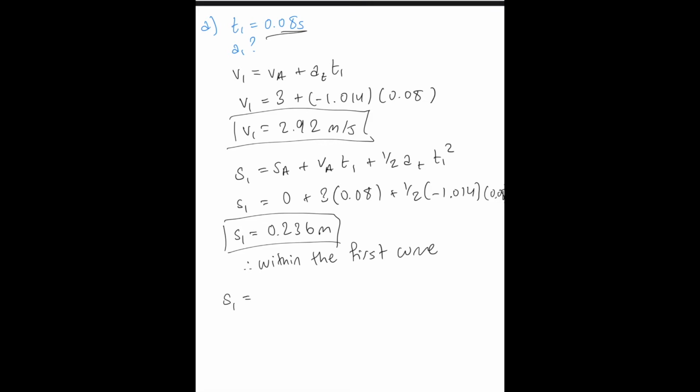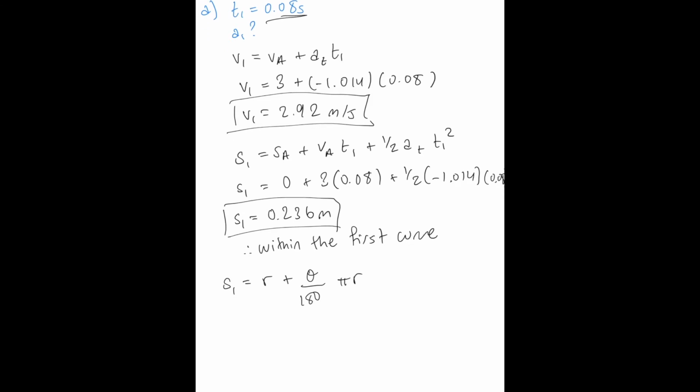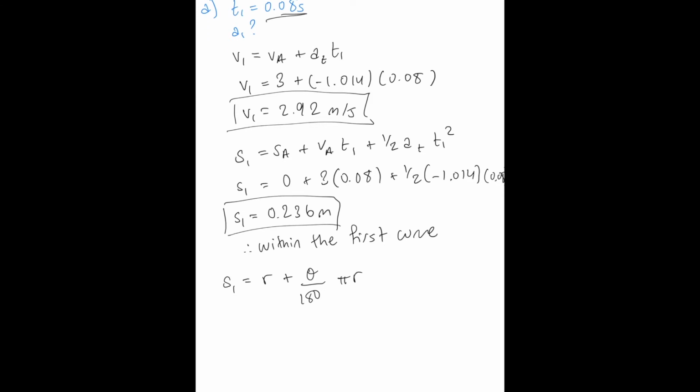So S1 is going to be equal to r plus theta over 180 pi r. We want to find theta to know exactly where it is on the curve.